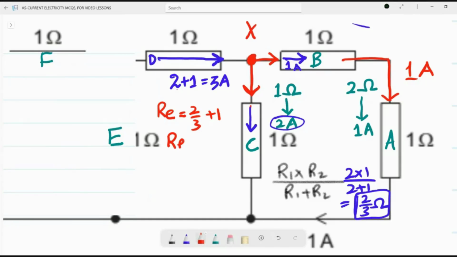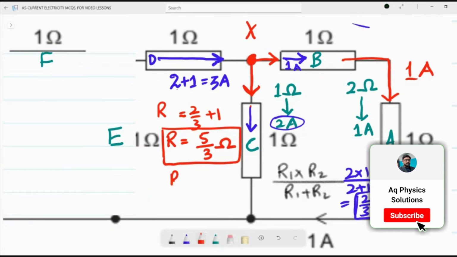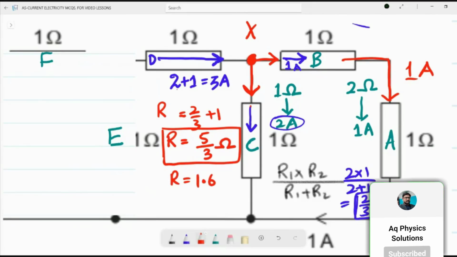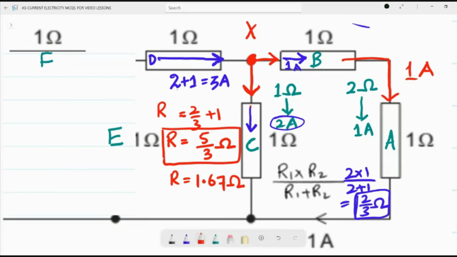So R equivalent, or R till this point, is actually 5/3 ohm. 5/3 ohm can be written as 1.67 ohm. It means that the equivalent resistance of resistors A, B, C, and D is 1.67 ohm.